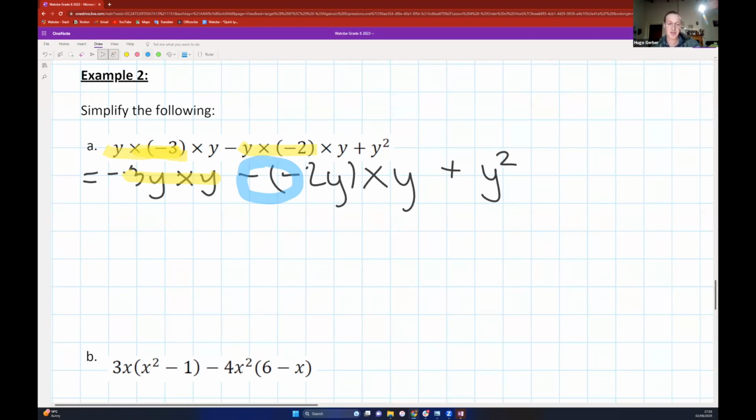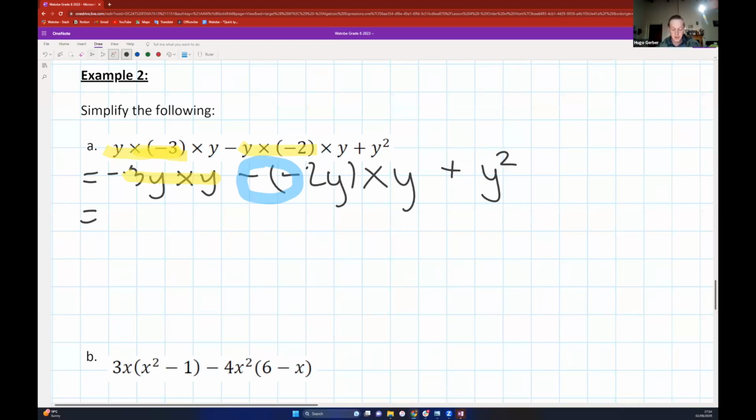If we multiply two negatives, I want to see in the chat, what will we get when we multiply two negatives? A positive, well done.